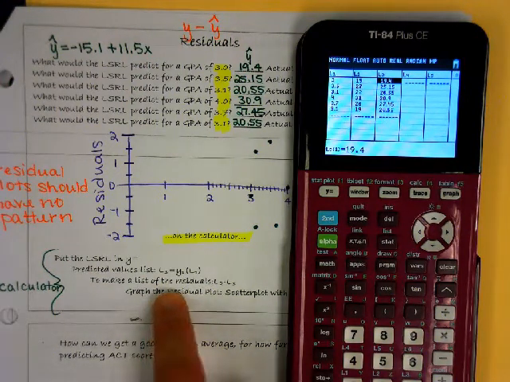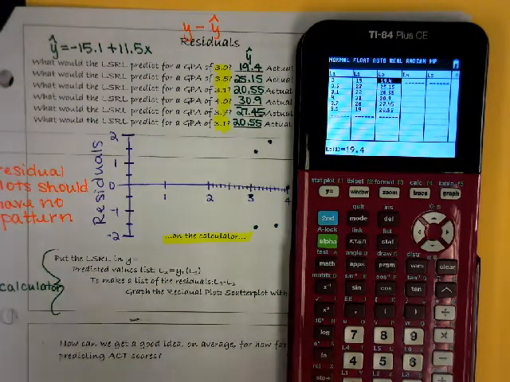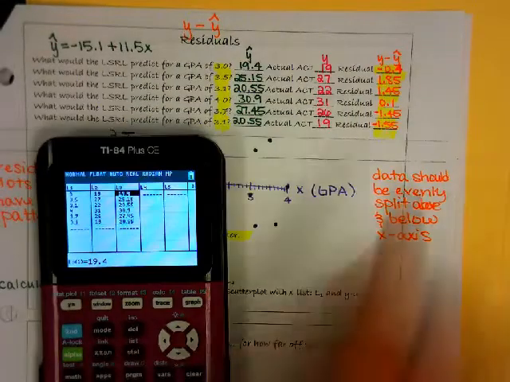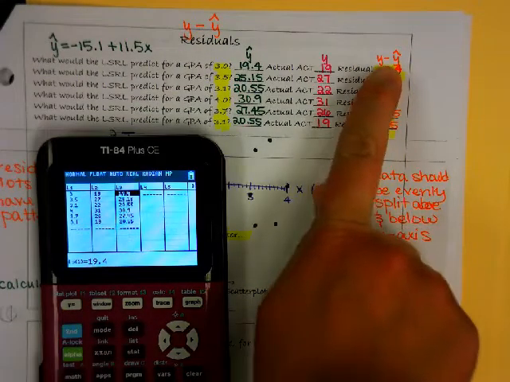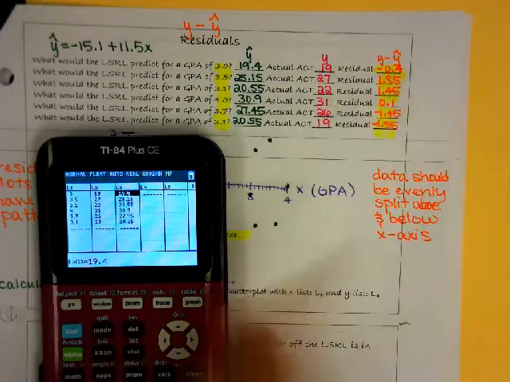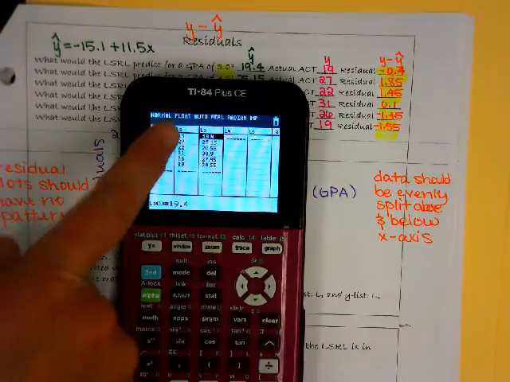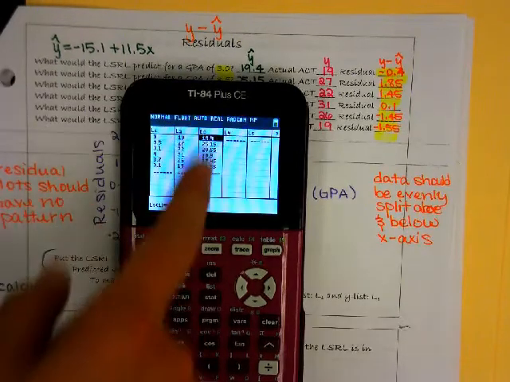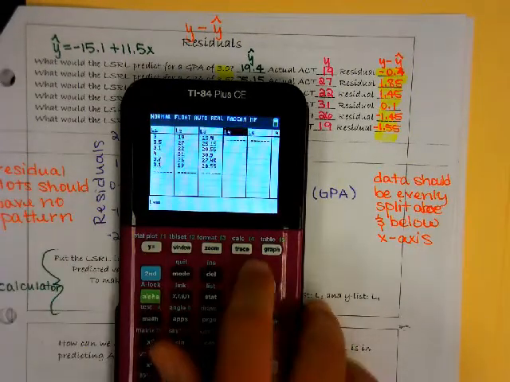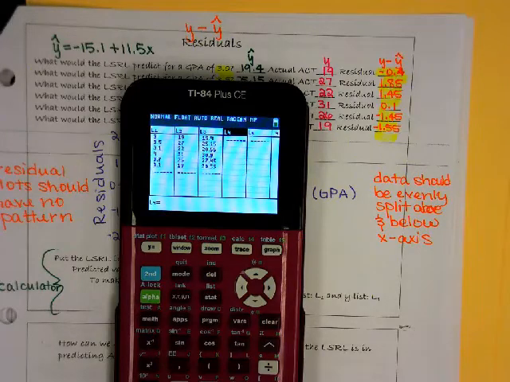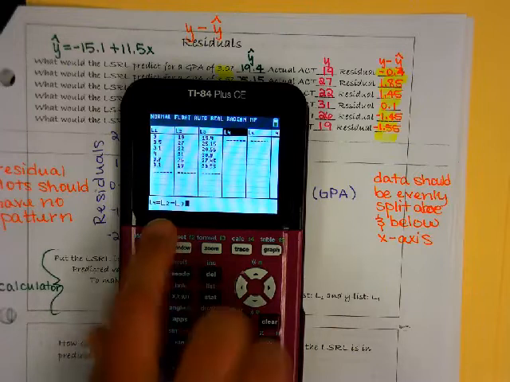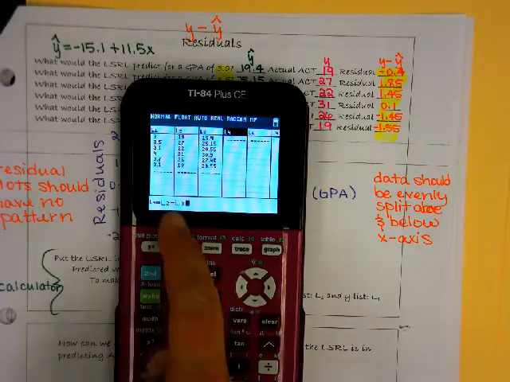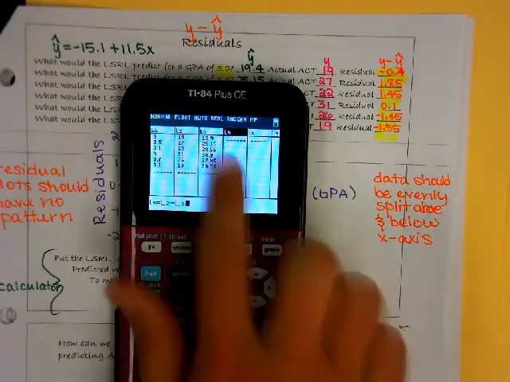I have my actual ACT data in list 2 and my predicted in list 3. So I'm going to go up to list 4, and tell it to take list 2 minus list 3. Actual ACT minus predicted ACT. Make sure L4 is what you have highlighted, not the first entry box. Then it gives me all my residuals that we just went through and found by hand.